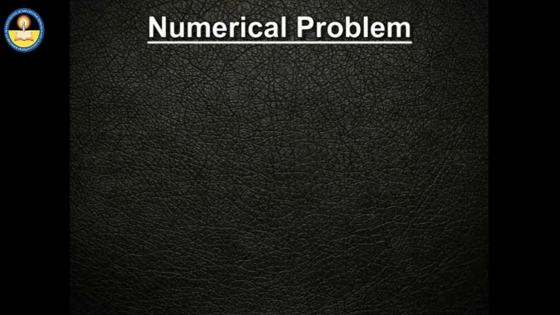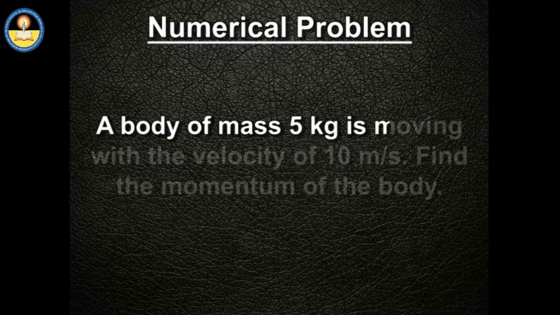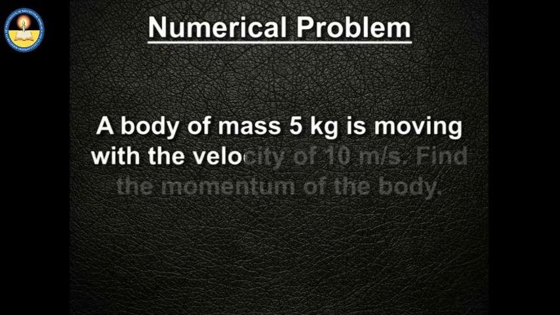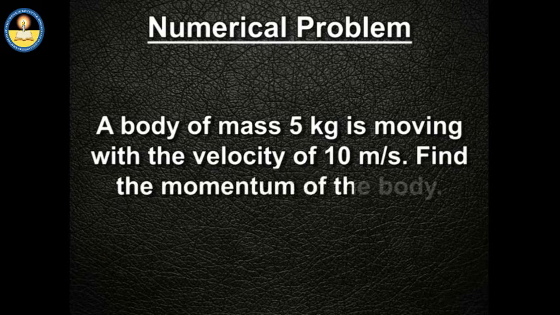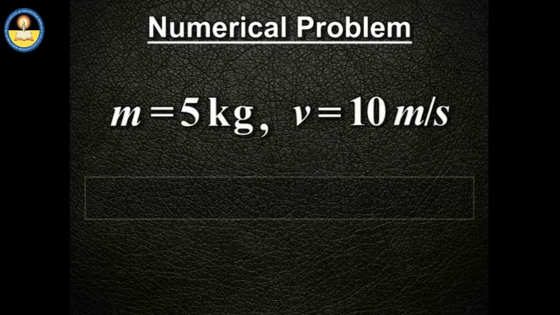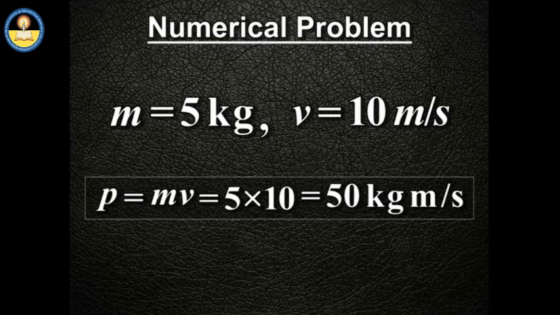So, let's solve some problems based on linear momentum. A body of mass 5 kg is moving with a velocity of 10 meter per second. Find the momentum of the body. Using the relation for linear momentum, it comes out to be 50 kg meter per second.